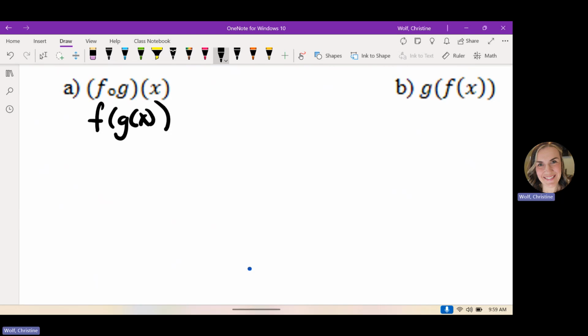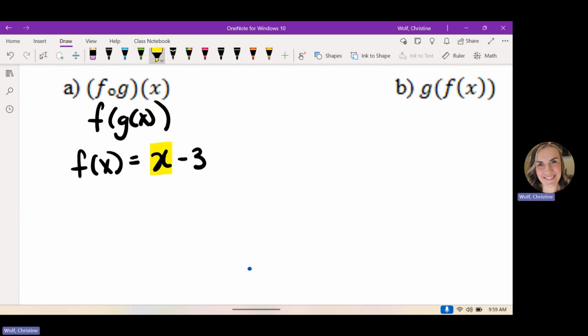So that means you start with f of x. You start by writing down f of x, but then we are going to insert g of x in, okay? So if I start with f of x, it is what? X minus 3, right?